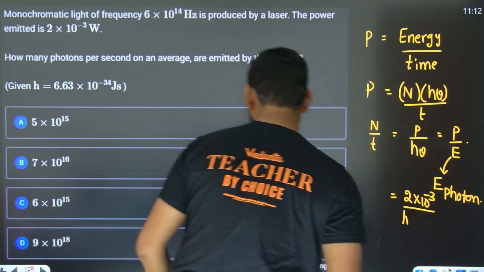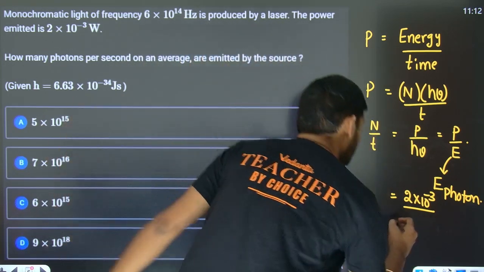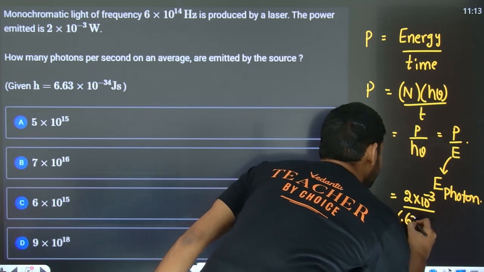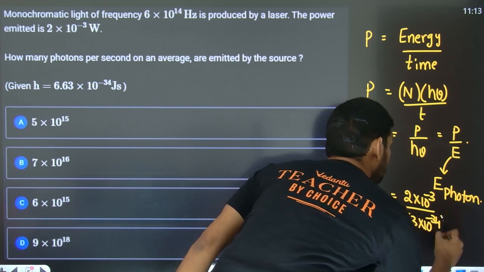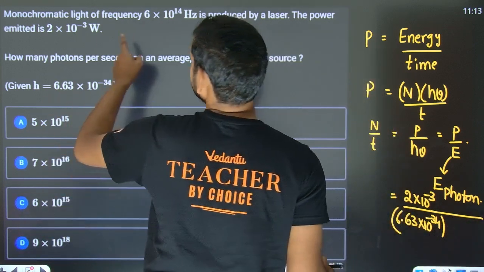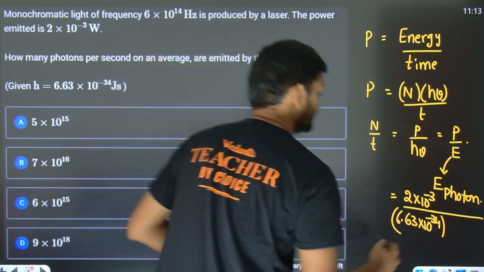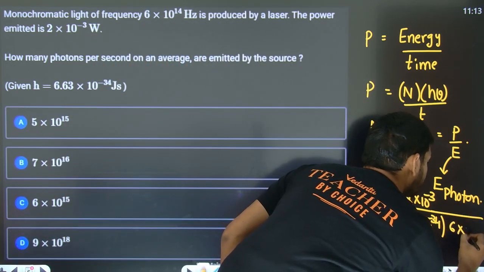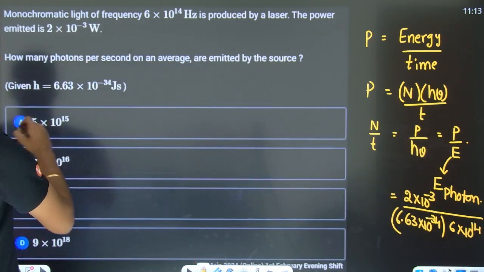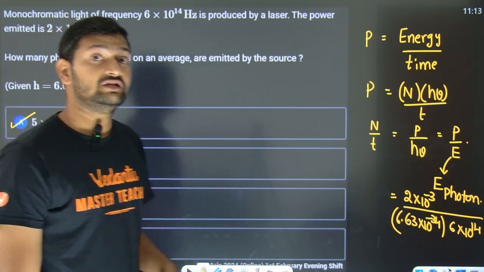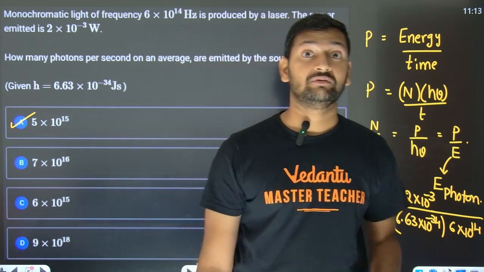The h value we know: 6.63 into 10 to the power minus 34 into mu, which is 6 into 10 to the power 14. When you do the calculation, you get roughly 5 into 10 to the power 15.